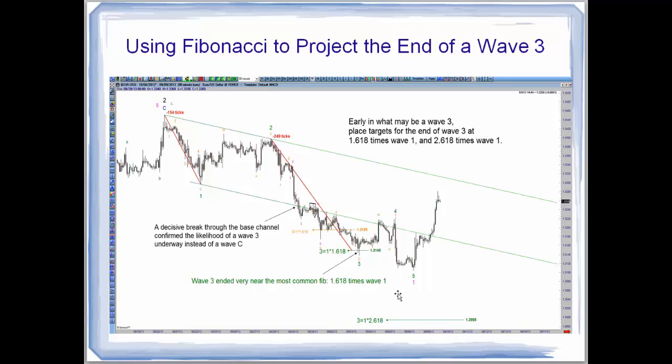And then I draw another target where if wave 3 extends to the next most likely Fibonacci target, where wave 3 would be 2.618 times the length that wave 1 was, then I've got another target down here. Wave 3 will end near one of these two targets 75% of the time.